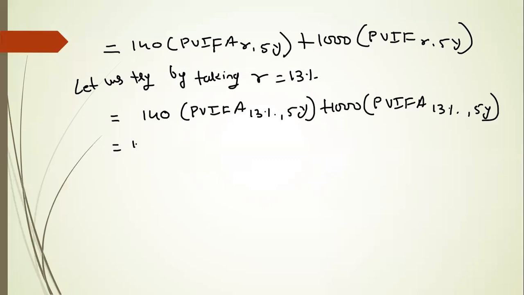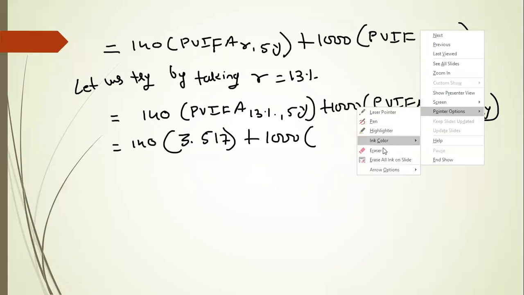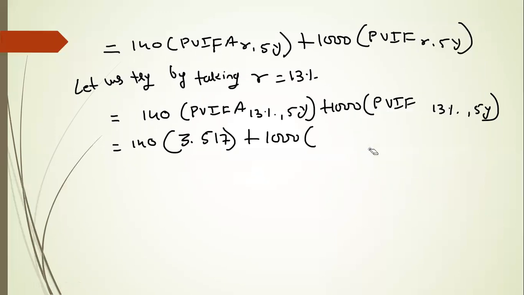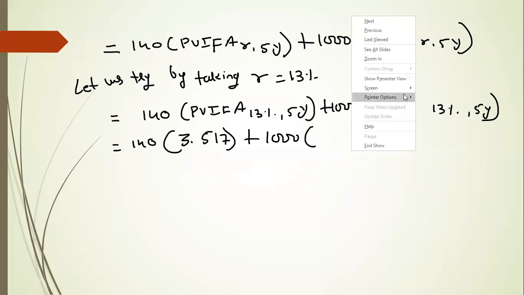So 140 into, taking 13% for 5 years from the table, the value I get is 3.517, plus 1000. There is a mistake, sorry for this, in writing the formula. There should not be annuity here, I'm sorry for this.